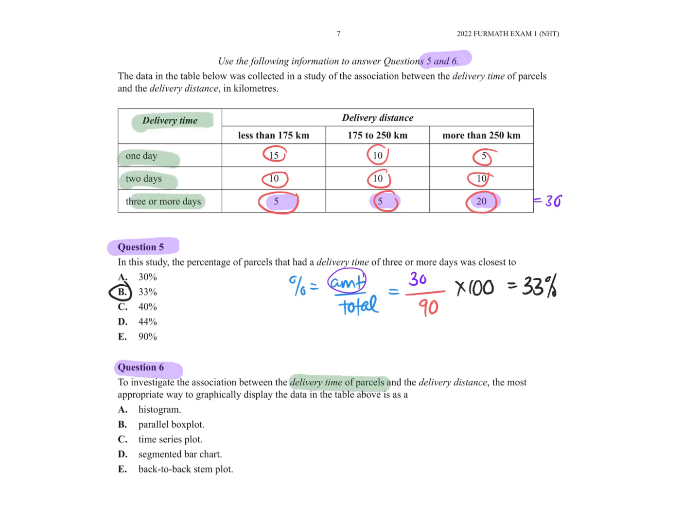That delivery time is actually categorical, yeah? It's categorical, and you might say ordinal. And then the delivery distance up here is also categorical. And it's ordinal, but it's categorical. So now I've got two categoricals.